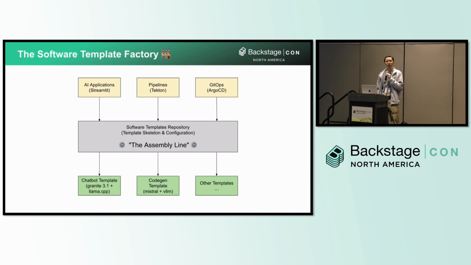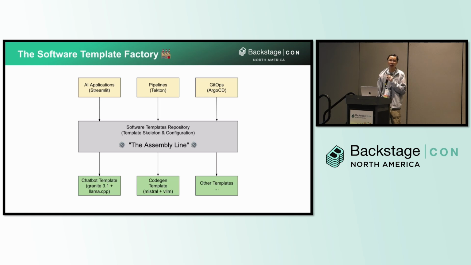So let's see how we can bring all those three components together to build our centralized software template. Each of those yellow blocks at the top is stored in its own GitOps repository so that you can develop and version control them individually. And we use something like an assembly line to combine all three of them together with a core template skeleton.